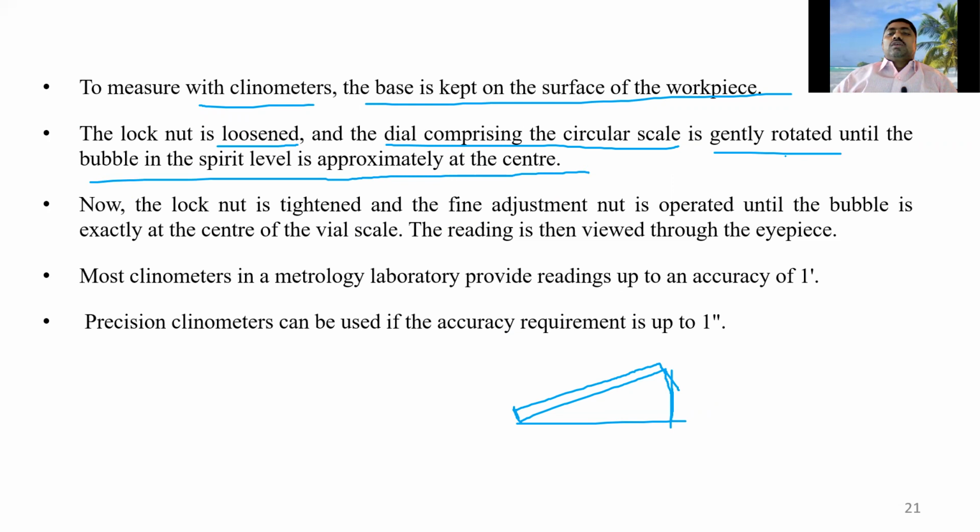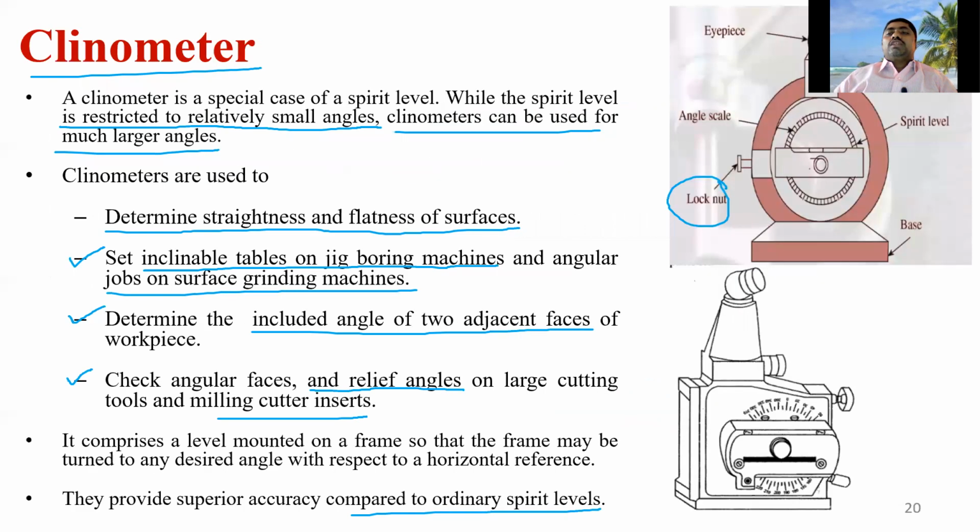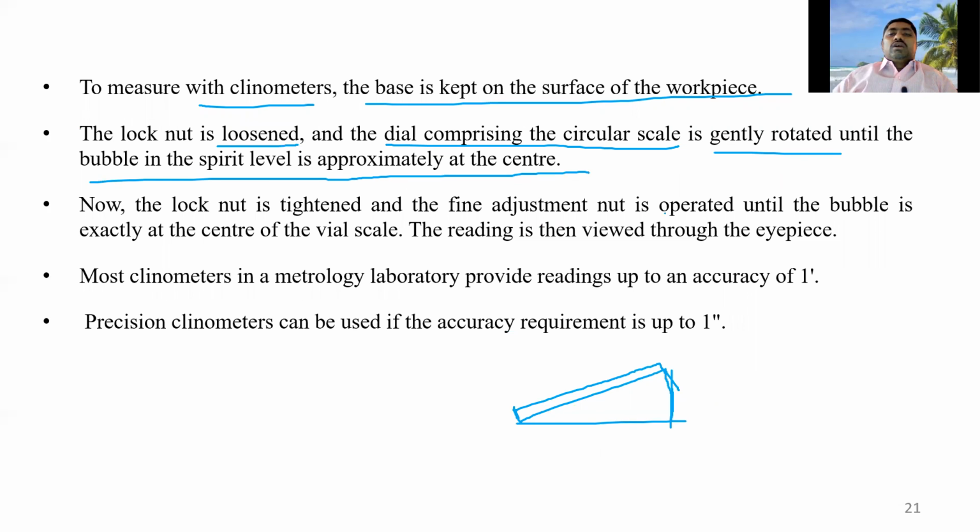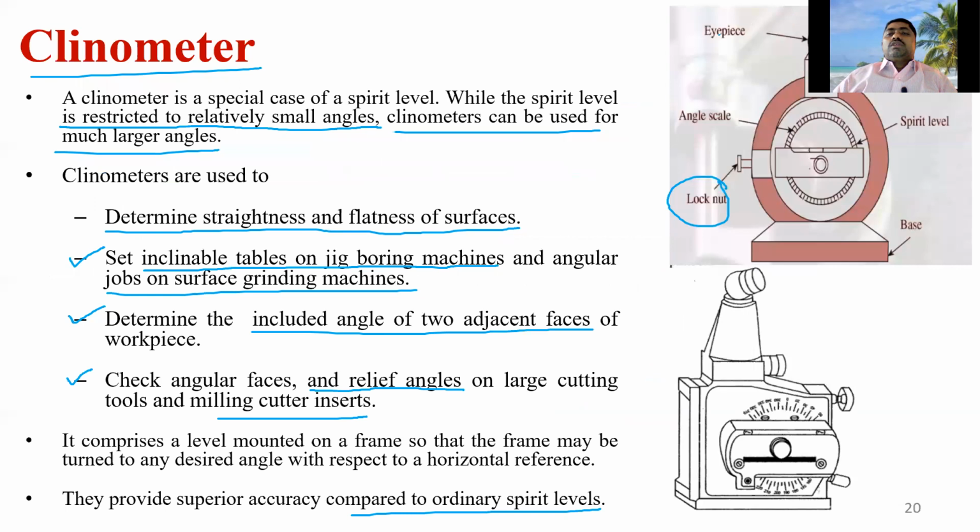After that the fine adjustment nut is operated until the bubble is exactly at the center of the vial scale. Then the reading is viewed through the eyepiece, through which we can view the divisions on the circular dial and on the vial.